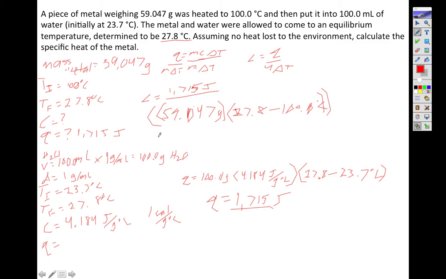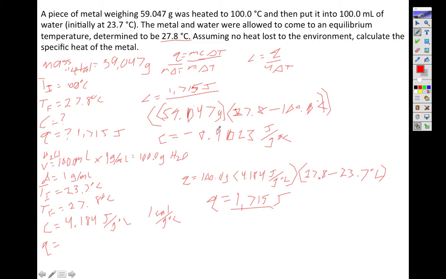Right now C is negative 0.4023 joules per gram degree Celsius.